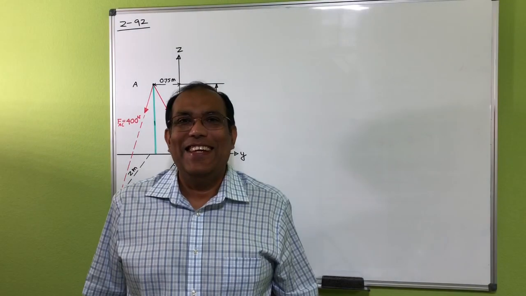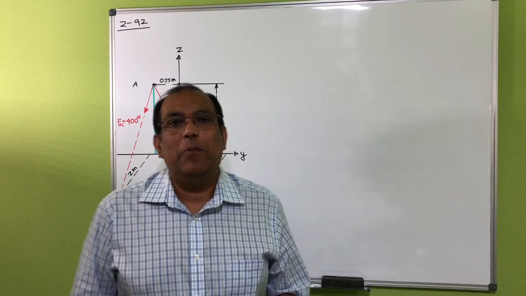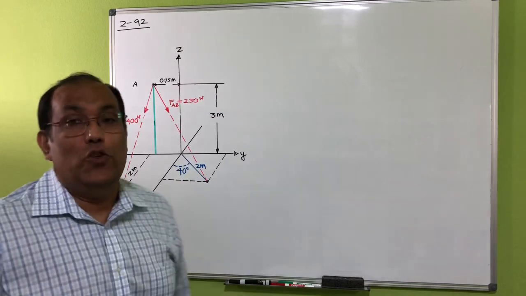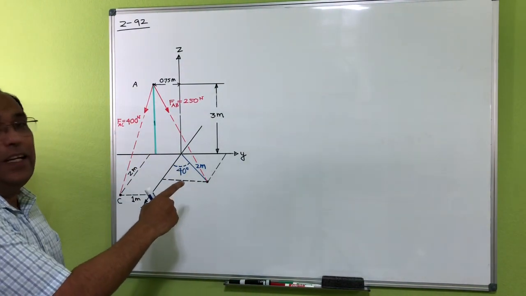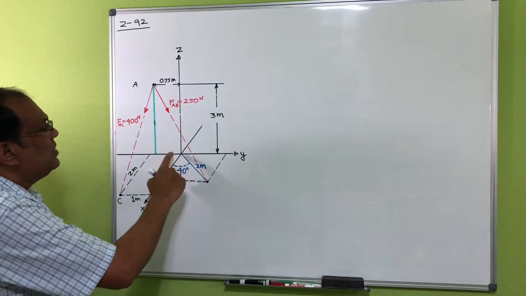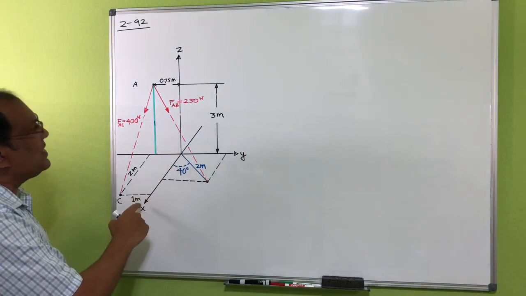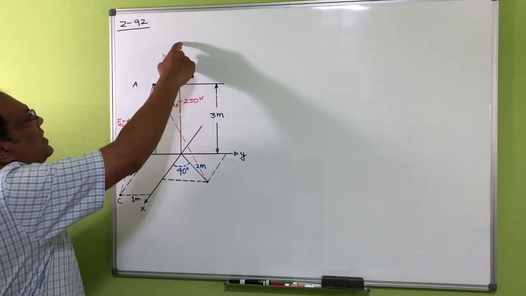Okay guys, now we are going to solve problem number 2-92. You can see the figure here. I already drew that one. This is your y-axis, this is your x-axis, and this is your z-axis.